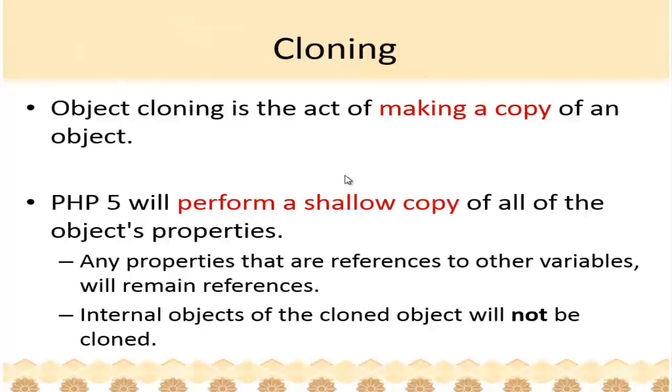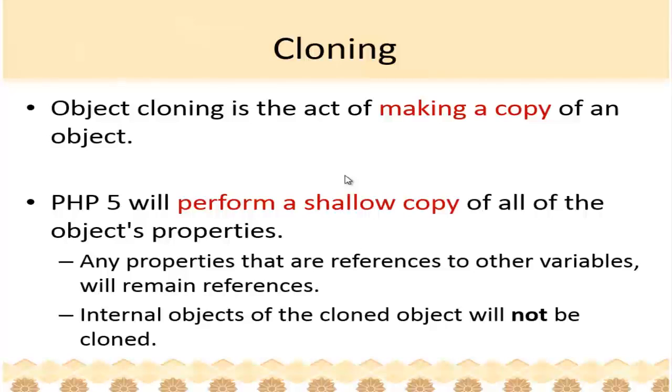So cloning makes an exact copy of it, and cloning was supported in version 5. Most of what I have discussed is supported in version 5.x. If you are using the older 4.x version of PHP, these things will not work. PHP 5 on its own will perform a shallow copy. What's the meaning of shallow copy?